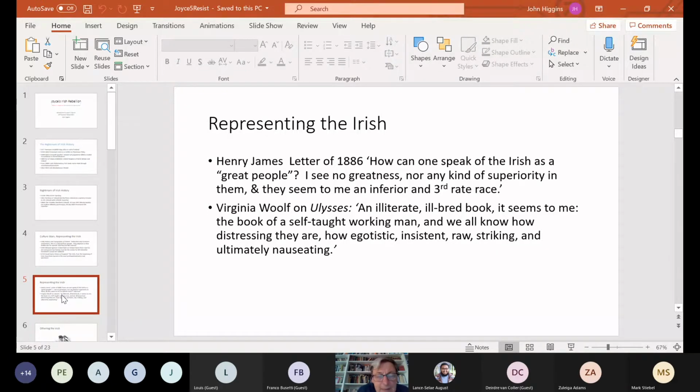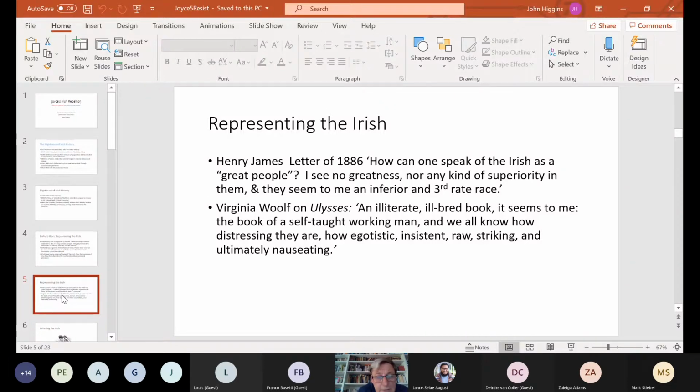race. And it's hard not to imagine that it's that kind of general cultural attitude of stereotyping of the Irish, which really helps to explain and informed Virginia Woolf's original rather nasty comments about Ulysses.